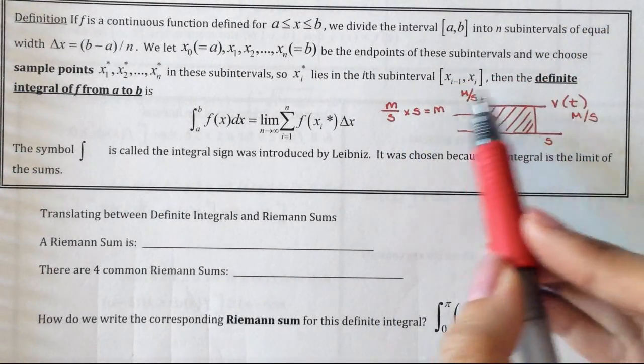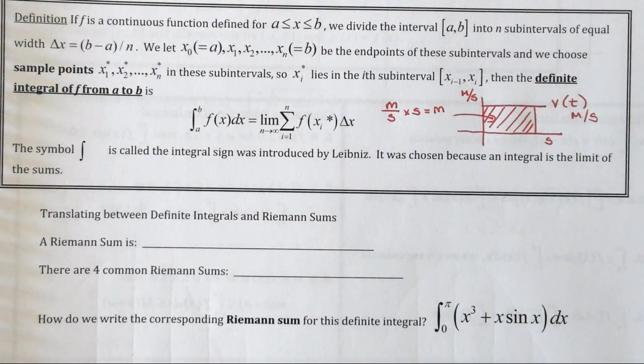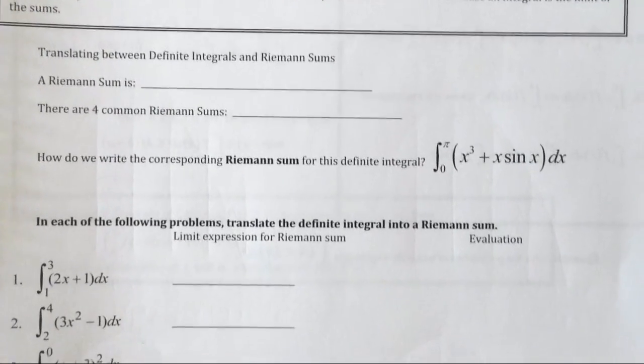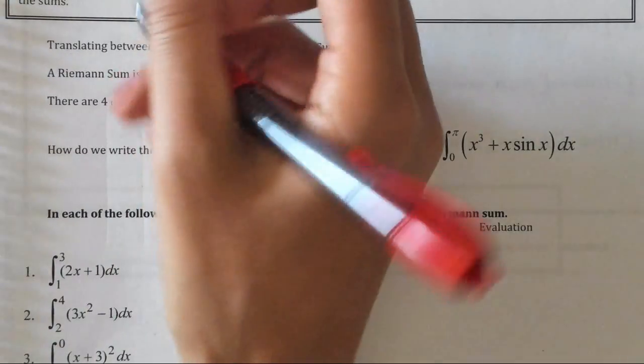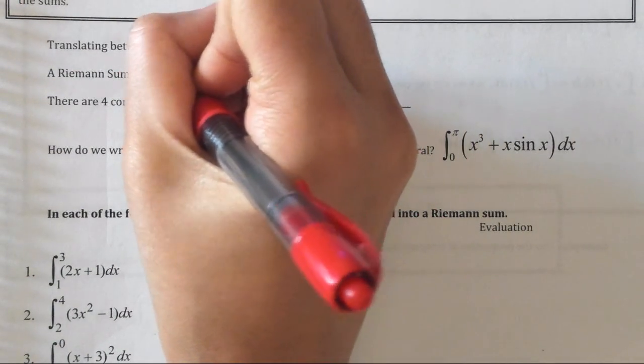So velocity goes back to distance. An integral basically just undoes what a derivative does.